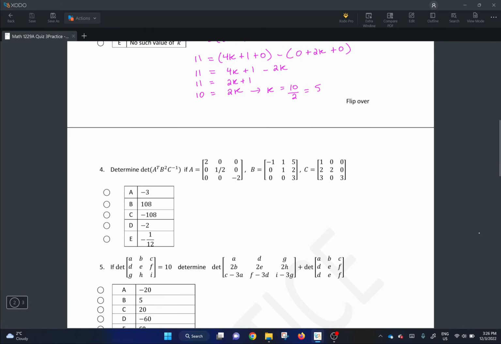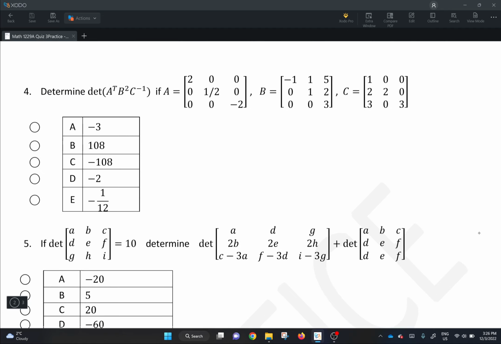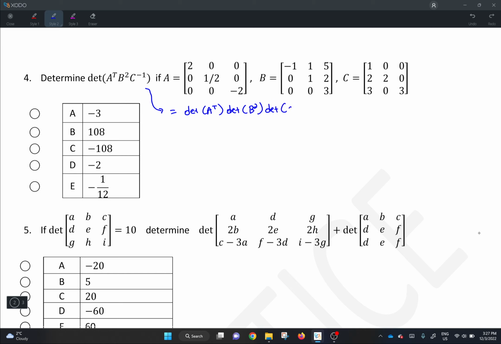Go on the next page. All right, question 4 asks to calculate the determinant of a string of matrix multiplications. So I'm going to write this out. This is equal to the determinant of A transpose times the determinant of B squared times the determinant of C to the power of negative 1.